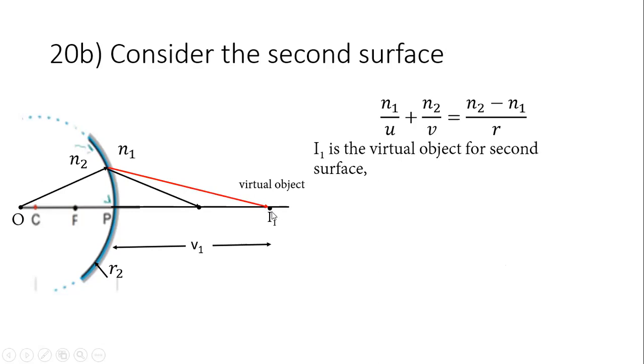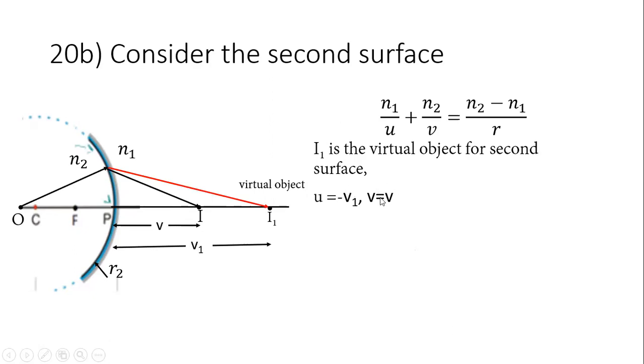There's the image from the first surface there. So now this becomes a virtual object of this surface. So we have to rewrite that. There's your V1, there's your V. Since it's virtual, it's not on this side. This side is where the ray comes from. It's on this side. So the object becomes negative.